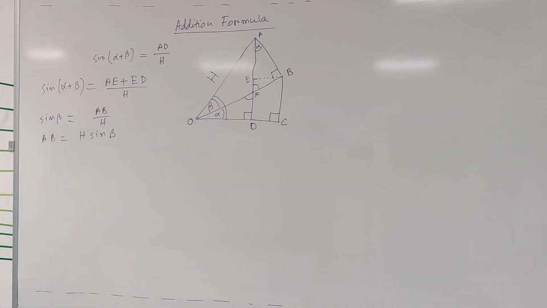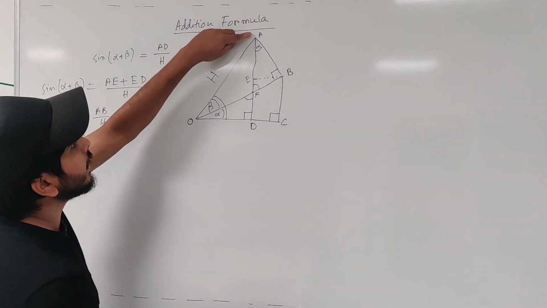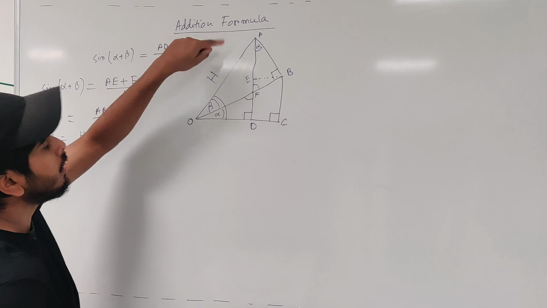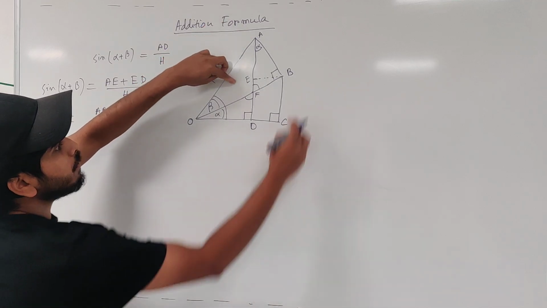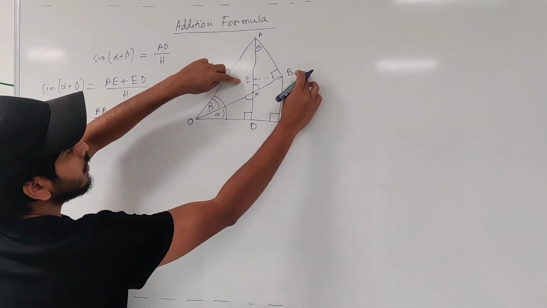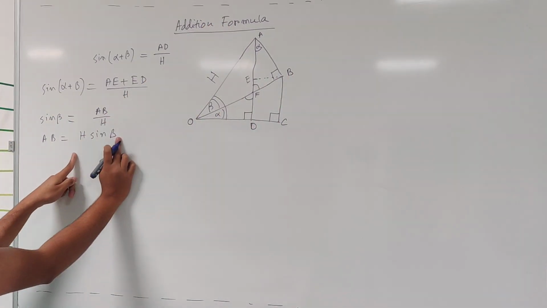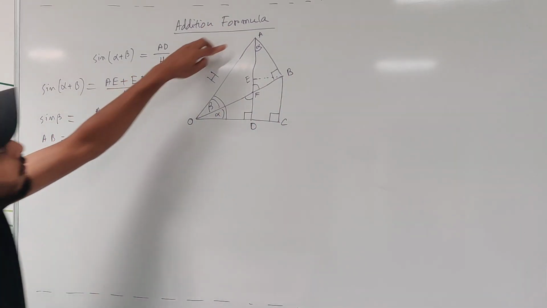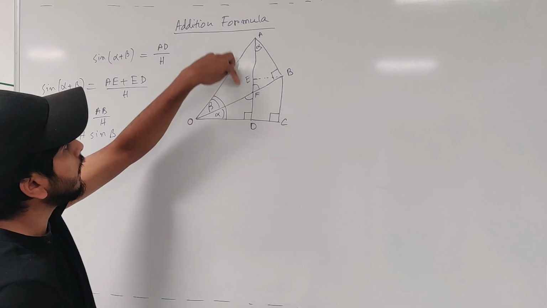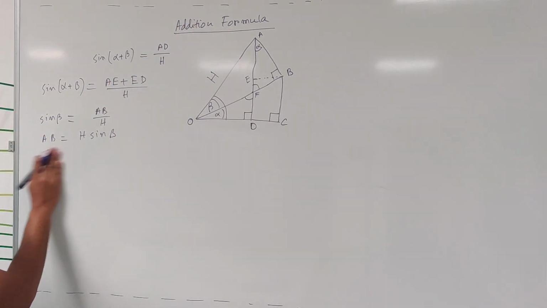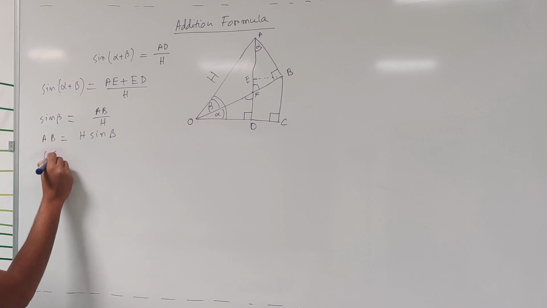Fine. Now consider this triangle AFB. Here this angle is alpha. Actually consider this triangle AEB, not AFB. AEB. This angle is alpha and we have the side AB, which is already known. So can you find AE? AE would be, sorry, let's do cos alpha first.